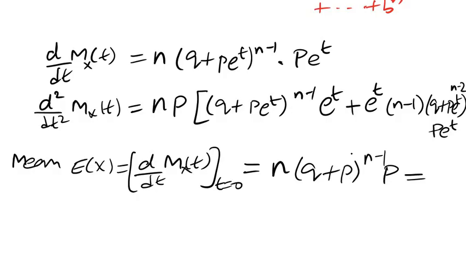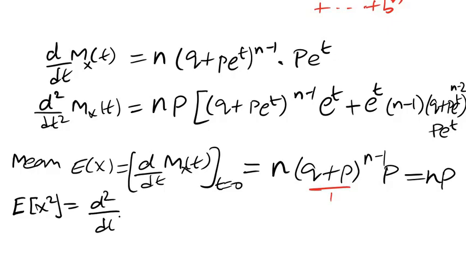Finally, this q plus p is also equal to 1, so we get n into p. By the definition, probability of success plus probability of failure equal to 1. So this term becomes 1, and the remaining term n into p will be there.